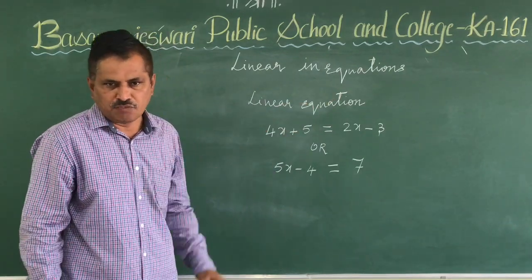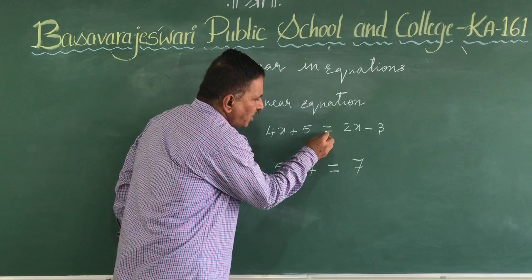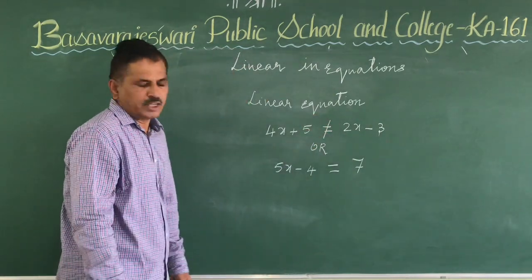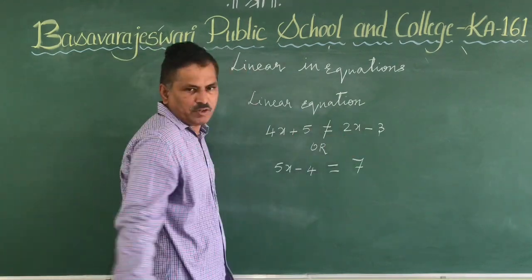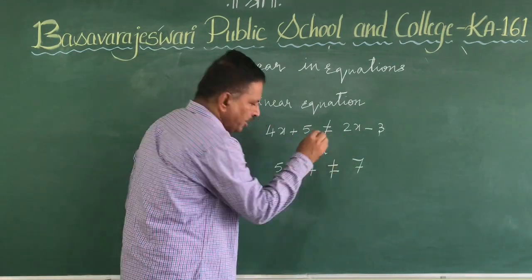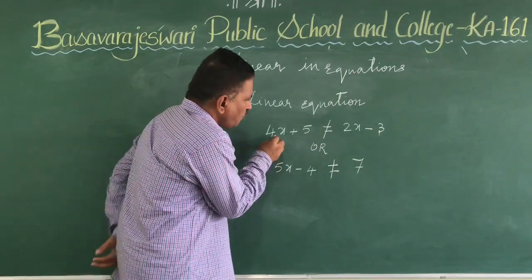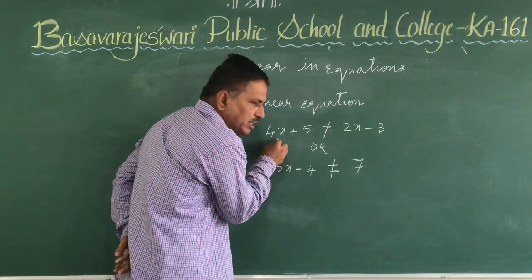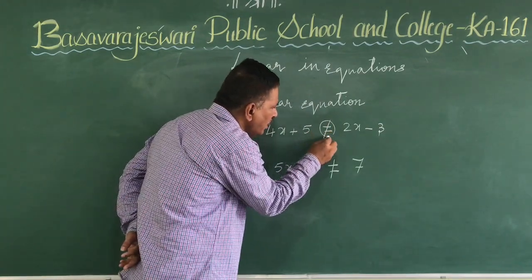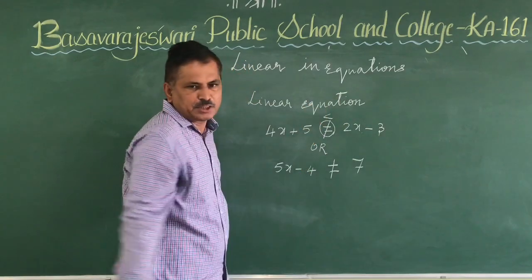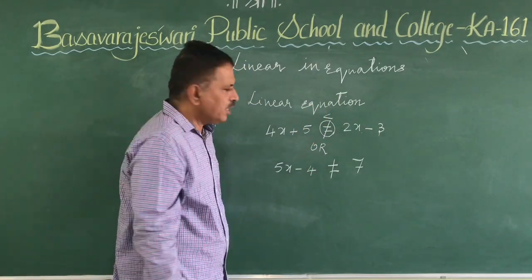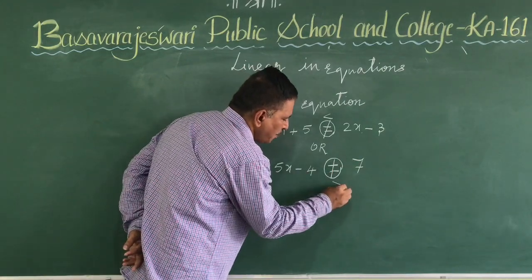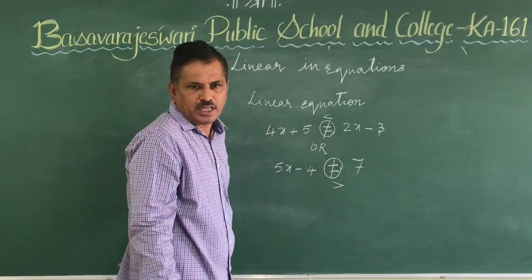Suppose the equal sign is replaced by not equal. For example, these two are not equal. That means the first expression, if it is not equal to the second expression, may be lesser than the second expression, or the first expression may be greater than the second expression.